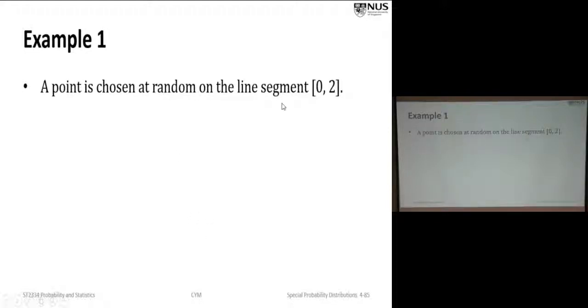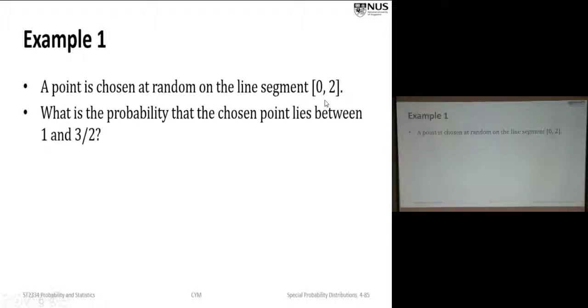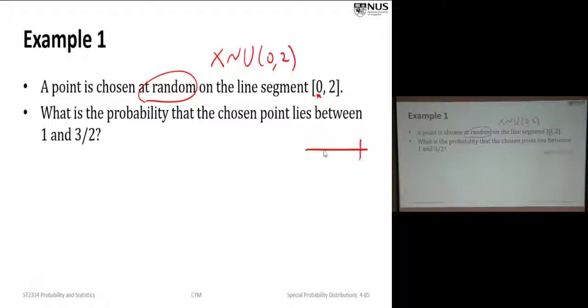Okay, here's an example. Suppose I want to choose a point at random over a line segment from 0 to 2. What's the chance that this point lies between 1 and 3 halves? Because I choose the point at random, x, the distance of the point from the starting point 0, is uniform on 0 to 2.